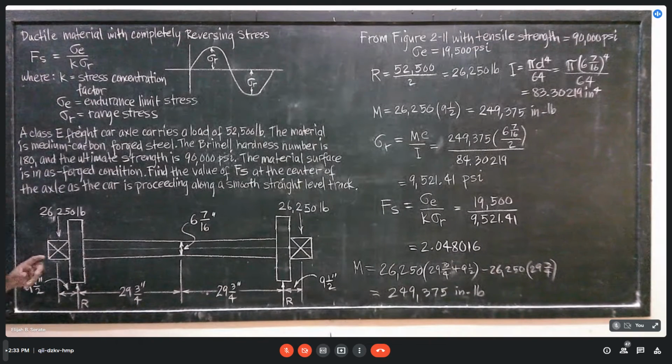That's the moment of a couple. Meaning this is 26,250 and that is also 26,250. And the moment of a couple is force times distance between the two.